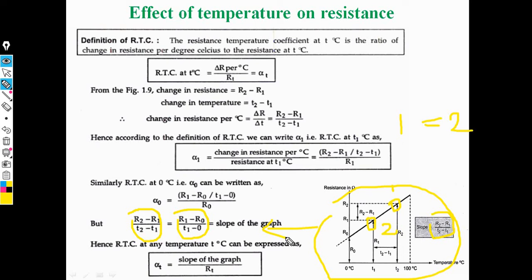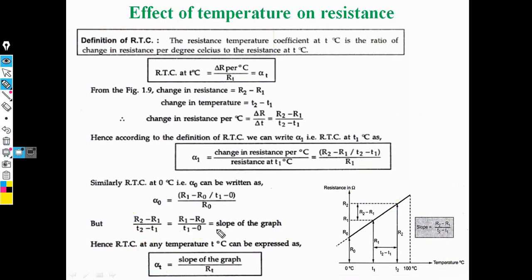resistance temperature coefficient at temperature T degree Celsius, that is alpha T. Alpha T means the resistance temperature coefficient at the slope of the graph, that is, this is the value of the slope of the graph, and with respect to resistance at temperature, we calculate the change in resistance per degree Celsius upon R. This change in resistance is also called the slope of the graph.